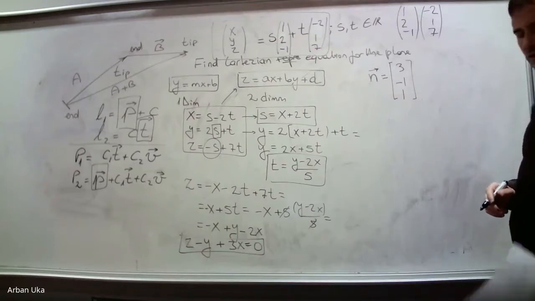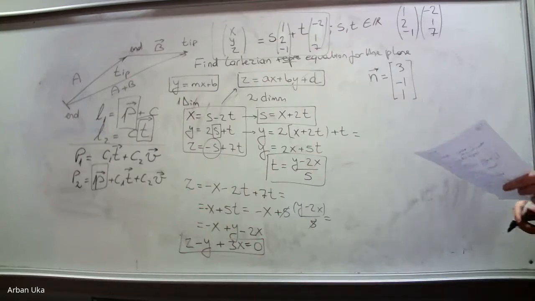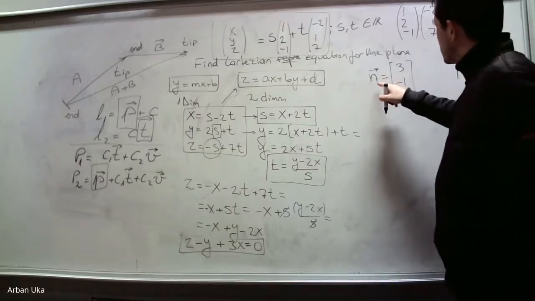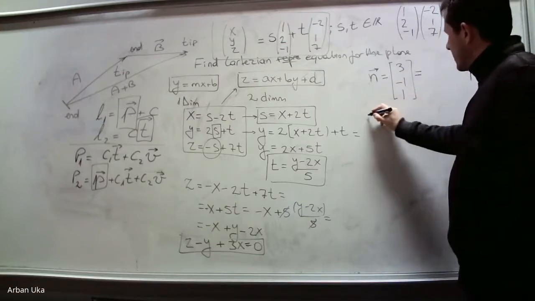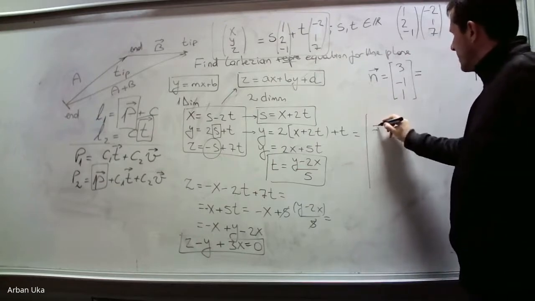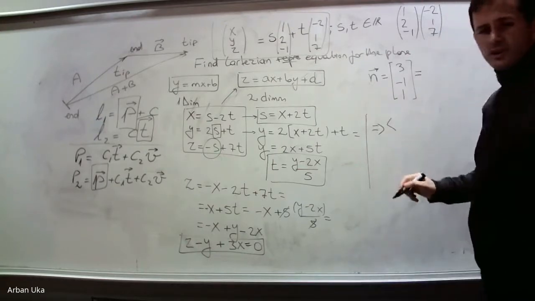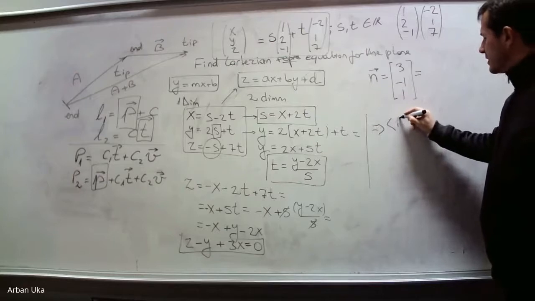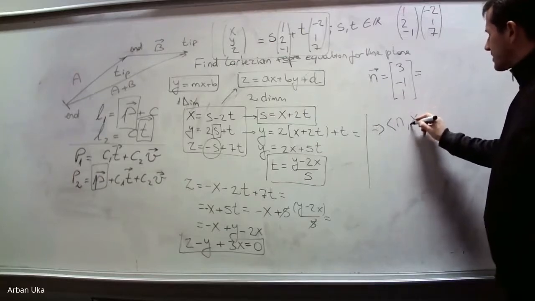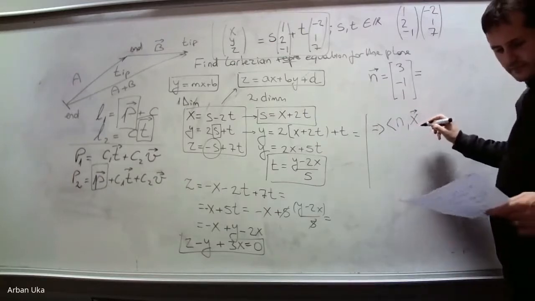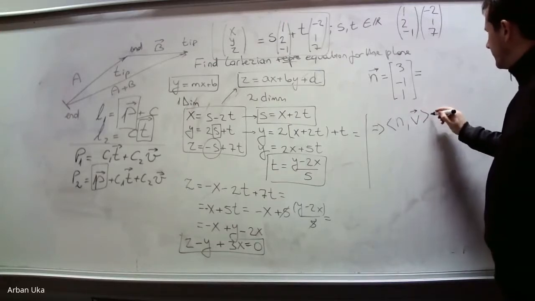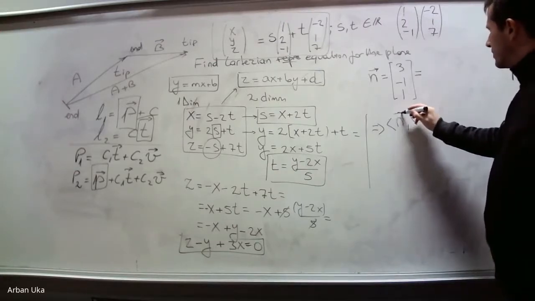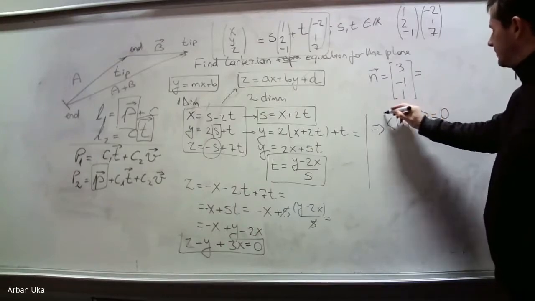But we have also something interesting here. This is the normal vector, and this implies that the equation of the plane can be written as n times x, or let's write this one as vector v, and this is equal to 0.